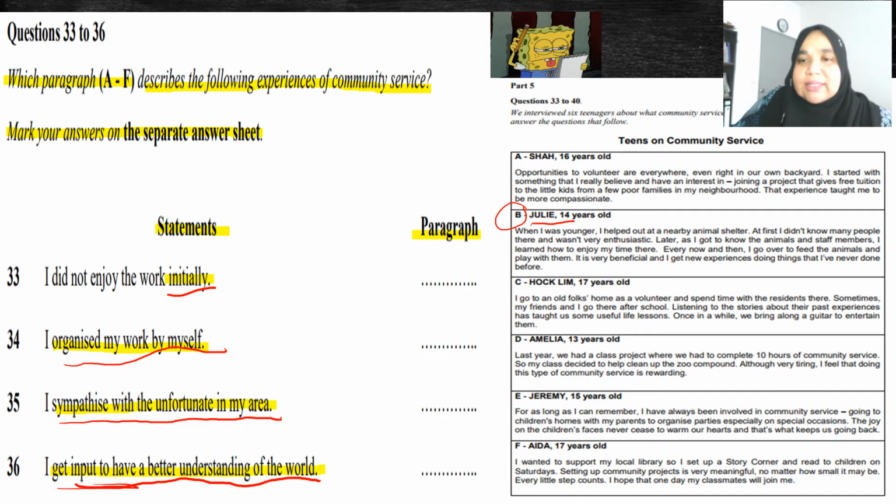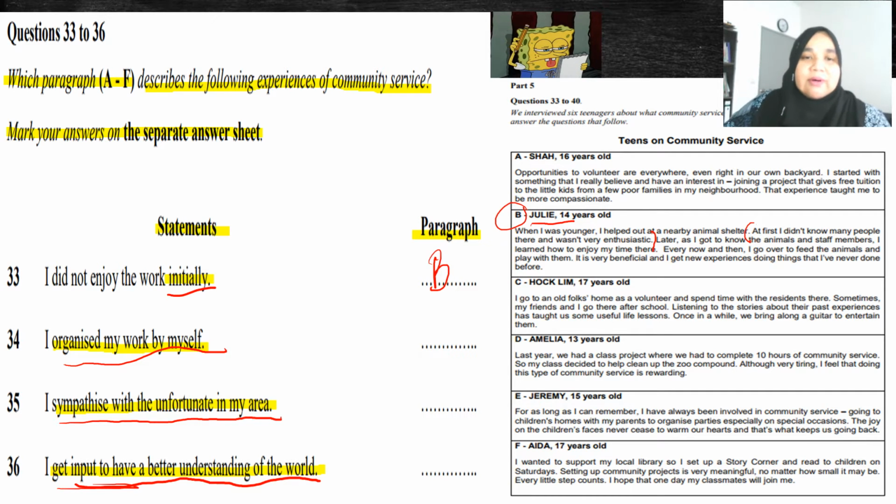She said that at first I didn't know many people there and wasn't very enthusiastic. It shows that at first she was not really happy to do it, but after that she is happy. So obviously the answer is from paragraph B.